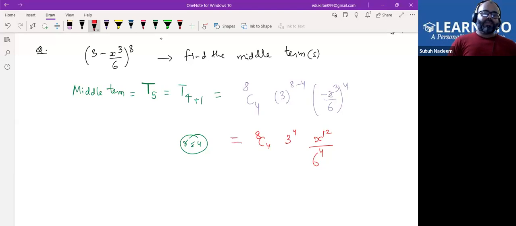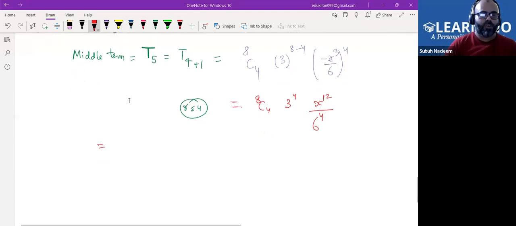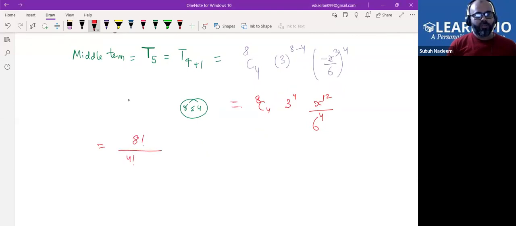Then write it like this, minus 1 to the power 4 will become plus. Now 8C4, if we calculate, 8 factorial by 4 factorial into 4 factorial, and it is 3 to the power 4 by 6 to the power 4.